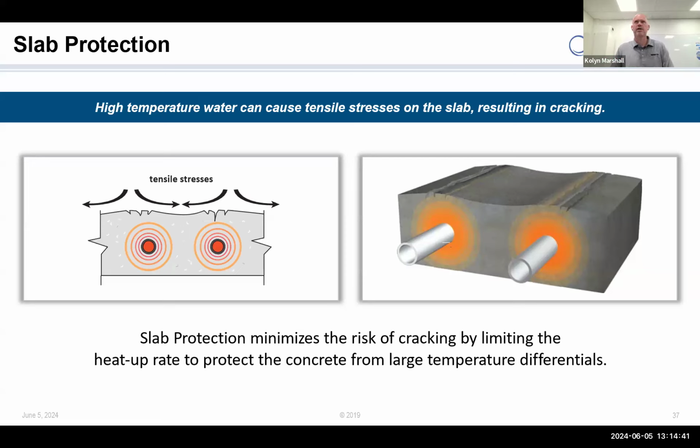Hydronically, I argue that it's nearly impossible to shock a concrete slab. The reason is, as you move water through the tubing, that water is losing heat to the mass as it moves through. So the supply temp on the supply side of the tubing will be 140, and on the return side, on startup, is going to be 0.